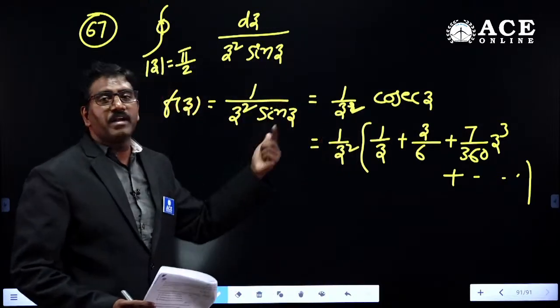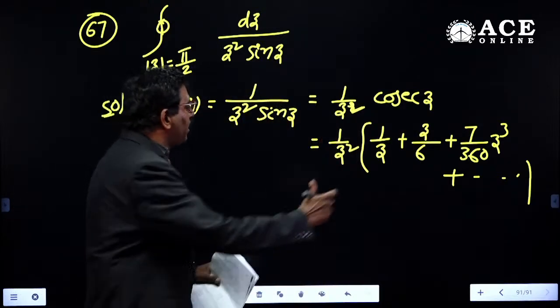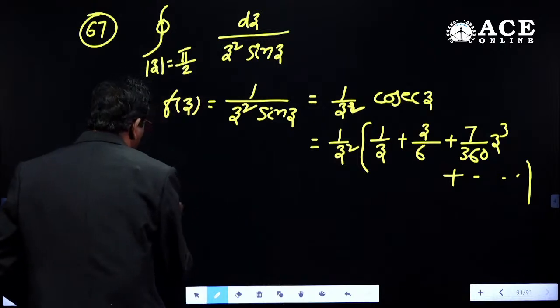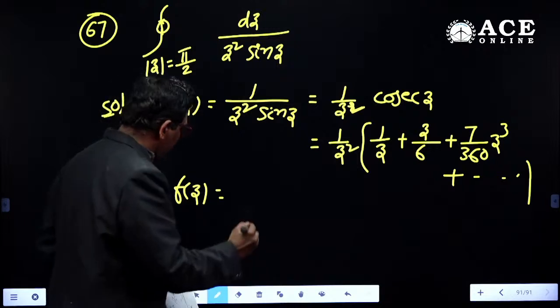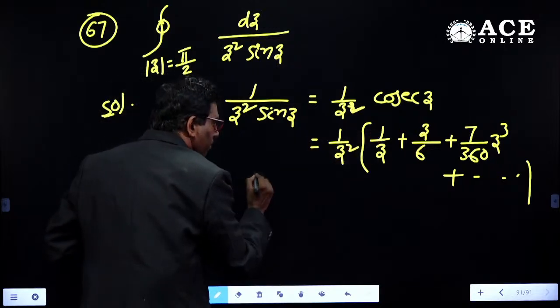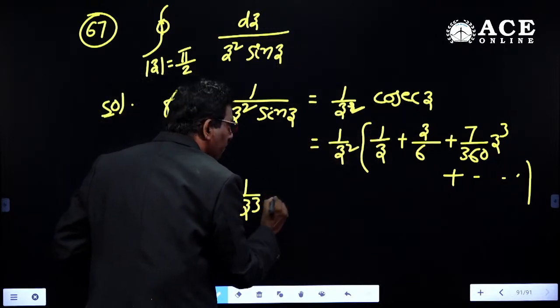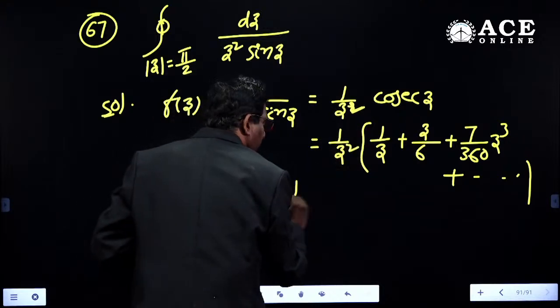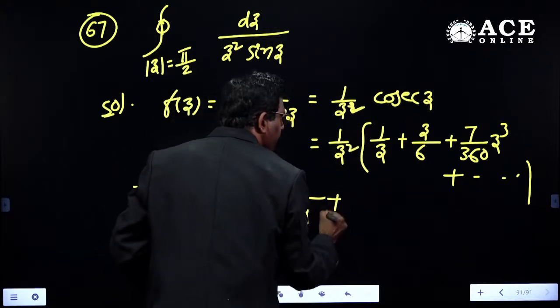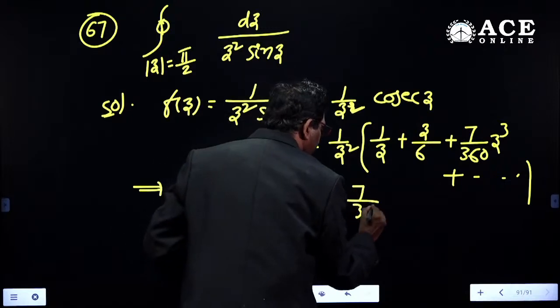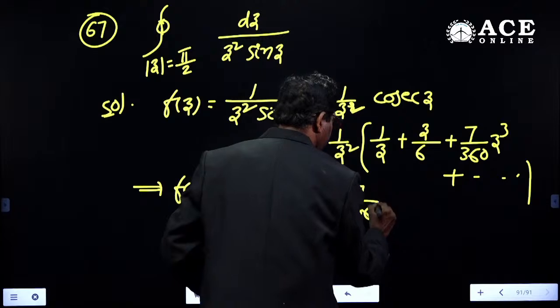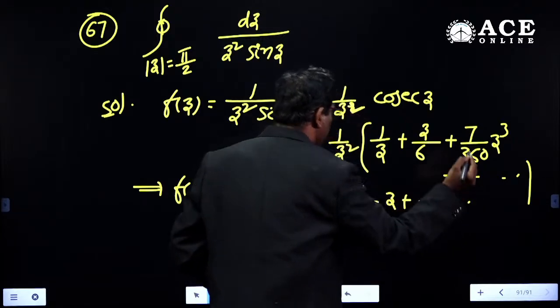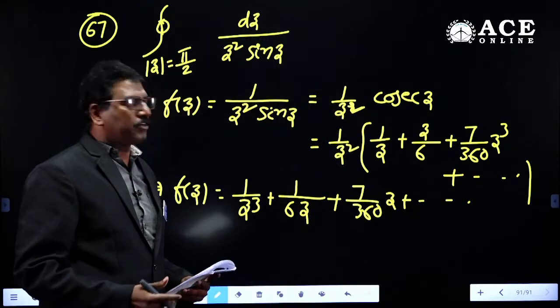Now after this, f of z is nothing but 1 by z cube plus 1 by 6z plus 7 by 360 z, dividing by z square, and so on. It will come like this.